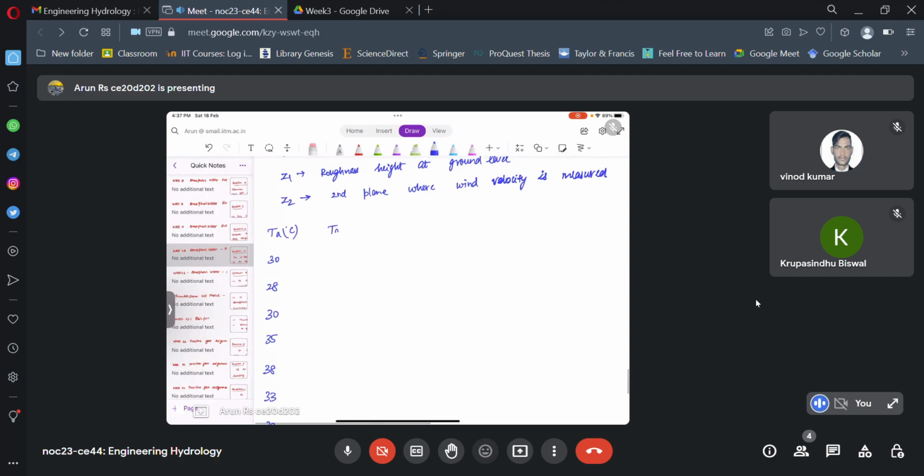Now we need temperature of the air in Kelvin, because your density of air is equal to pressure by Ra into T, and this T is in Kelvin.